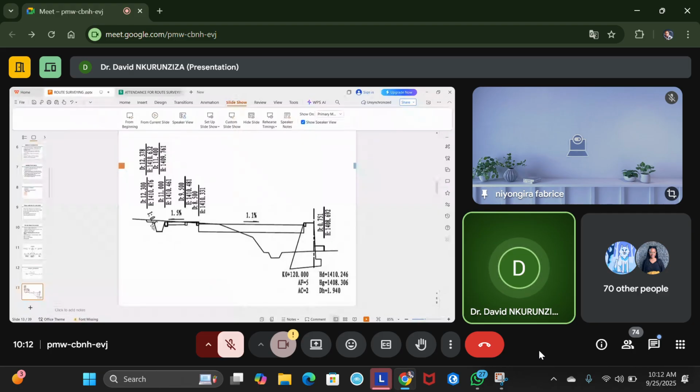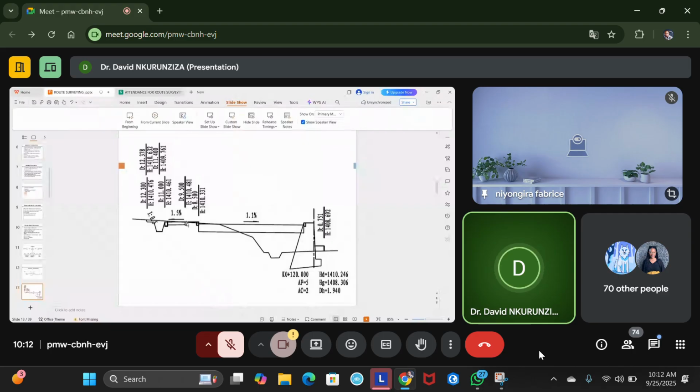So from the cross-section elements of a road, we can get a lot of information. For example, from the center going here, you can see we have the distance. So D is 8.5 meters, for example, up to here. Then you have the elevation of this point. Then from here up to here, it is 90.5.